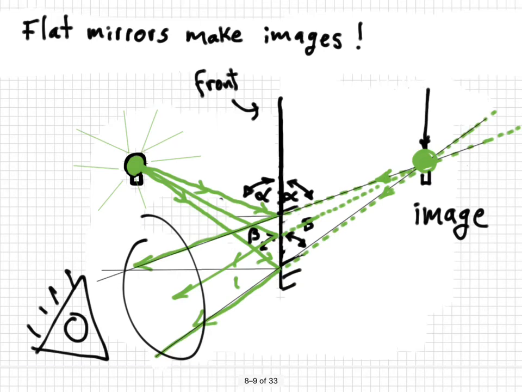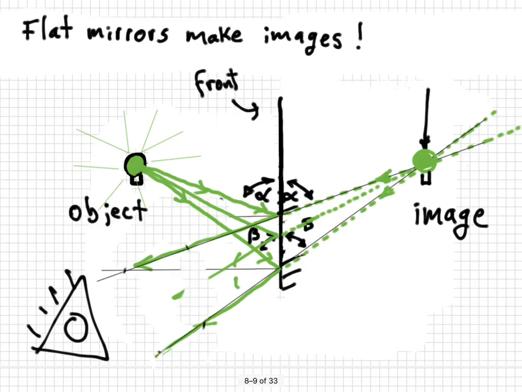This sort of copy of the object is what we're going to call the image of the object. The object is in front of the mirror, its image is behind the mirror. It looks as if there was an object behind the mirror. That's what we call the image of the object.